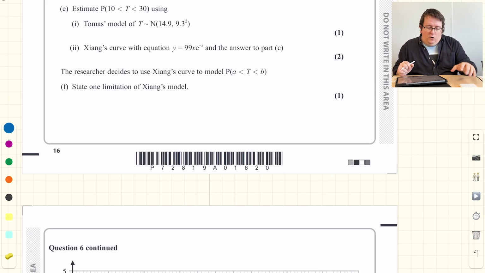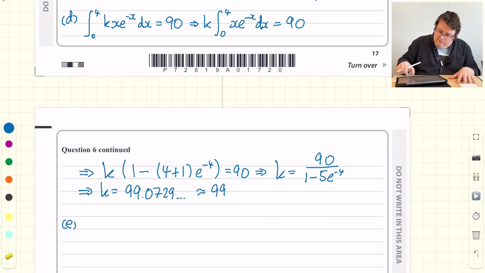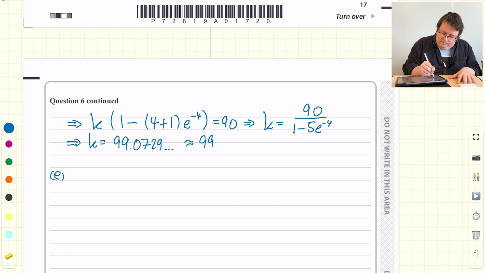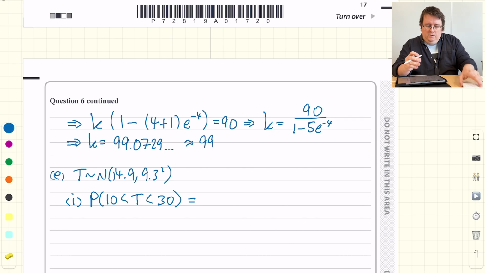So part E, part 1. Estimate the probability of t being greater than 10 but less than 30 using Thomas's model of a normal distribution of 14.9 and 9.3 squared. So 10 to 30.